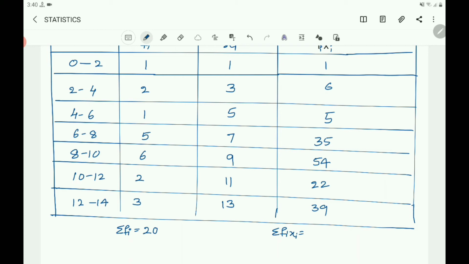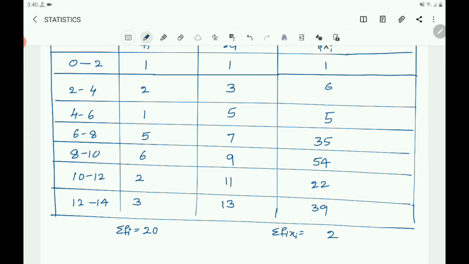Equals 1 plus 6 is 7, 7 plus 5 is 12, 12 plus 5 is 17, 17 plus 4 is 21, 21 plus 2, 23, 23 plus 9, 32.